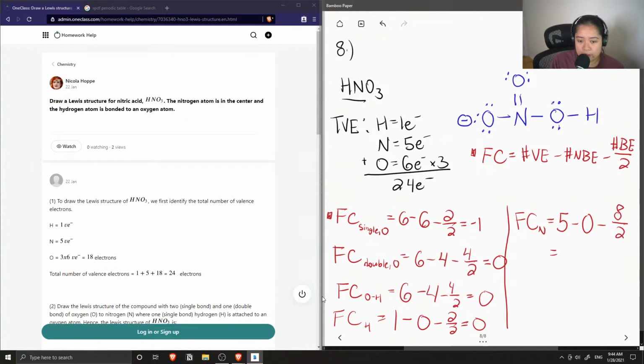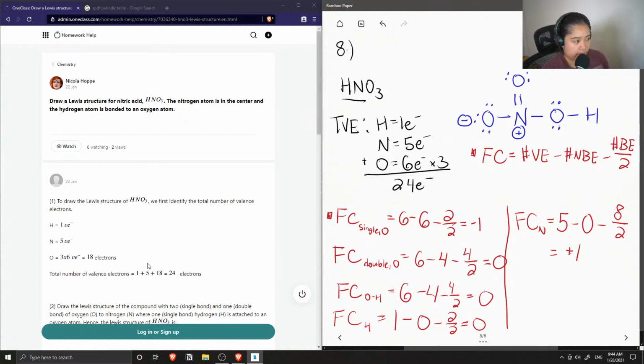So 5 minus 0 minus 4 is +1. So we know that the nitrogen will contain the positive charge. And typically we want the more electronegative atom to contain the negative charge. So in this case, it's the oxygen. And the nitrogen is able to neutralize that charge as well to get our neutral compound.